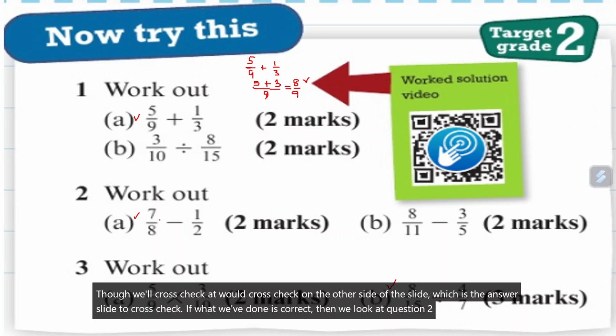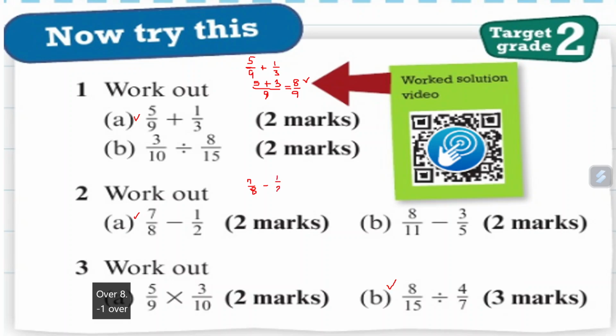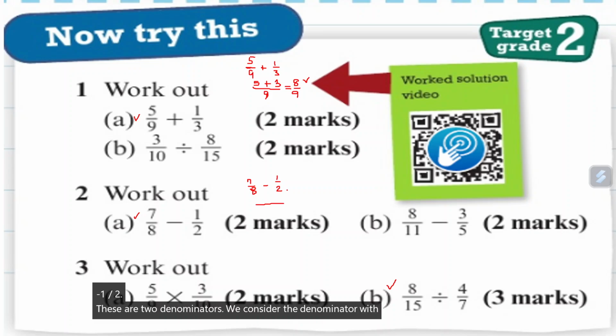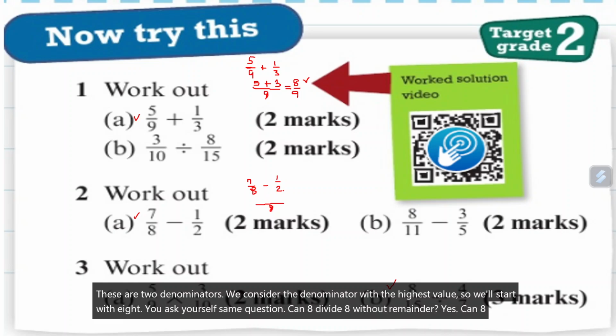Question 2a is 7 over 8 minus 1 over 2. These are two denominators. We'll consider the denominator with the highest value. So we'll start with 8. You ask yourself the same question. Can 8 divide 8 without remainder? Yes. Can 8 divide 2 without remainder?